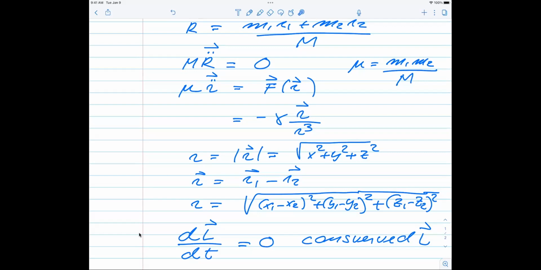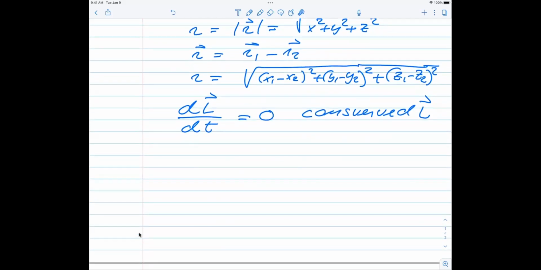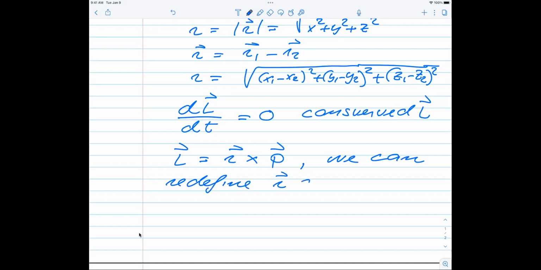So since angular momentum is conserved, and we know that angular momentum is given by r times p, we can now redefine the x, y, and z coordinates. So we can redefine r and p to span the xy plane.